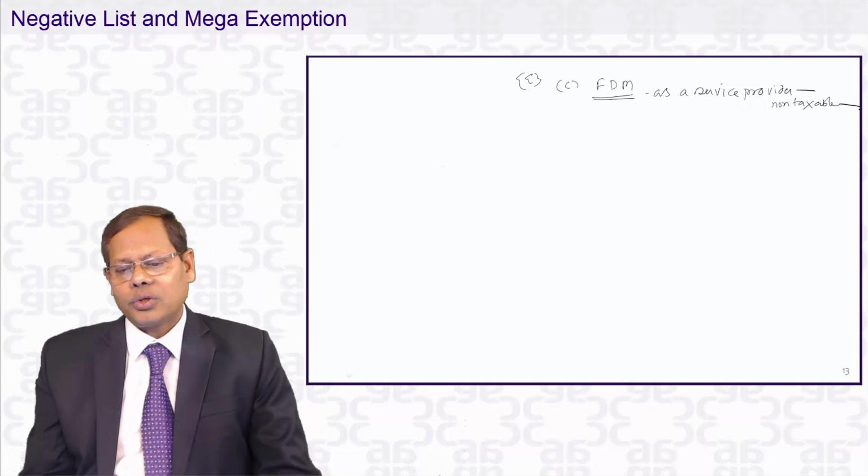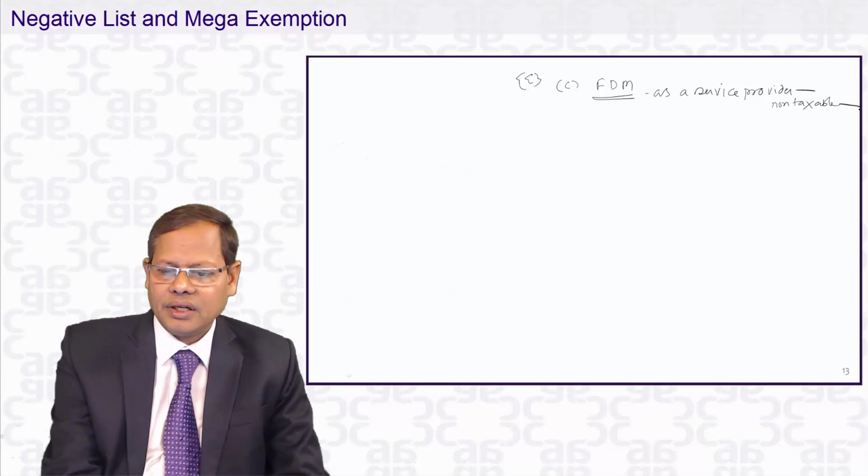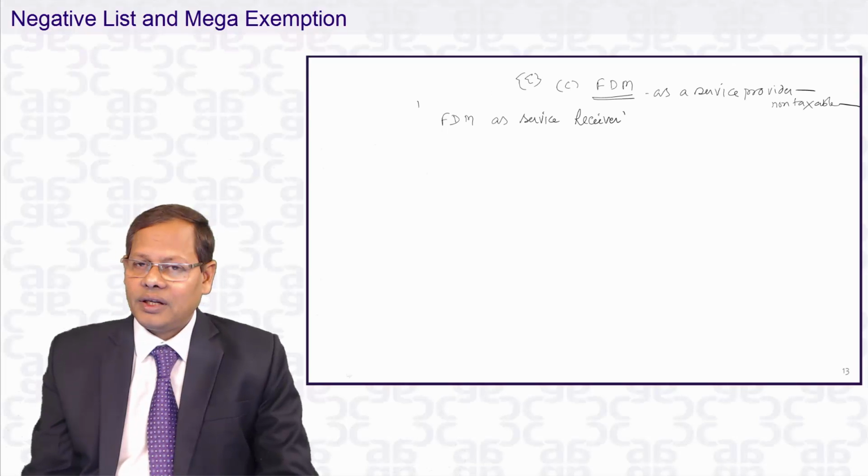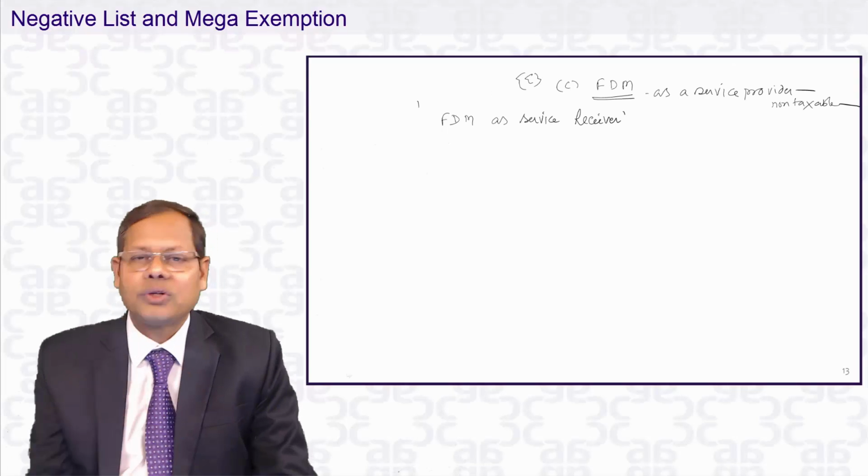Okay? And what about the services received by foreign diplomatic missions? So services received, FDM as service receiver. So these are not in the negative list. Are they? No. But even if they receive some services, we don't want to collect taxes.